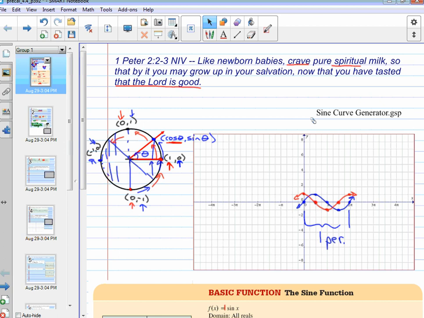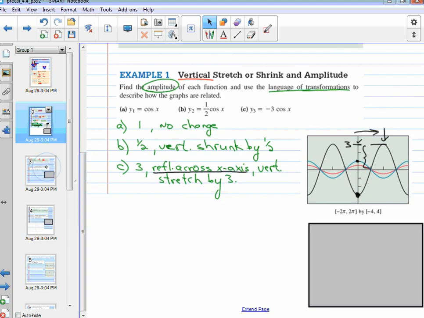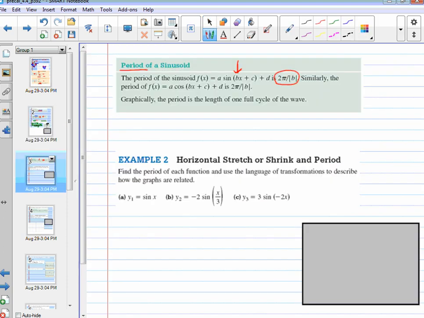It repeats after that. How many radians did it take to go through one complete cycle? You can even think of the circle. 2 pi. It takes 2 pi radians to go through one complete cycle. And that is where this 2 pi comes from in this formula, 2 pi divided by b. That is going to be the period.